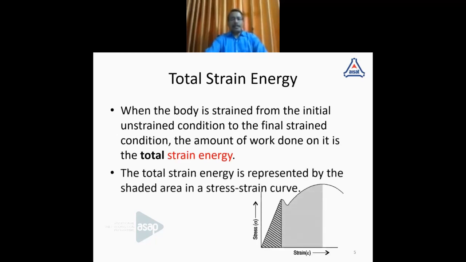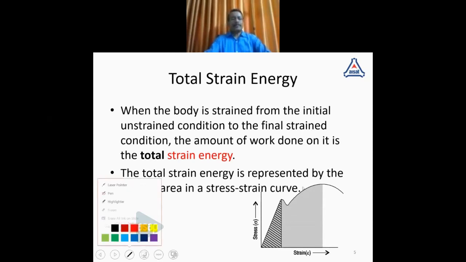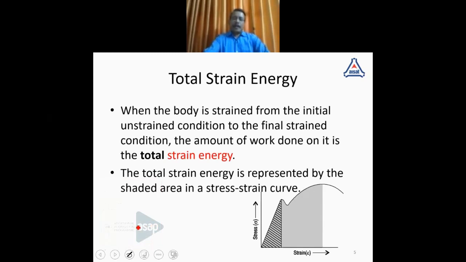You can see the stress strain curve where strain and stress are given along the two axes. And up to this point, we can call it elastic deformation. And beyond this point, the deformation goes in a different pattern, and this deformation is permanent and it is called plastic deformation.